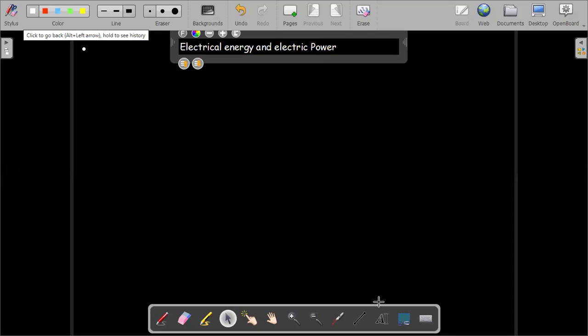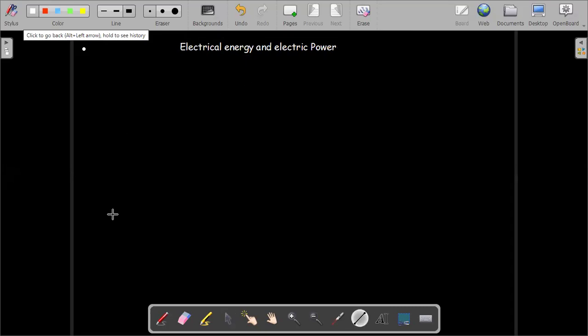other effects also. So for electrical energy and electrical power, suppose you have a resistance R, and when electric current I passes through it, since the resistance is opposing the flow of charges, the charges need to do some amount of work, and that work done by the electric current appears in the form of heat energy across the resistance.